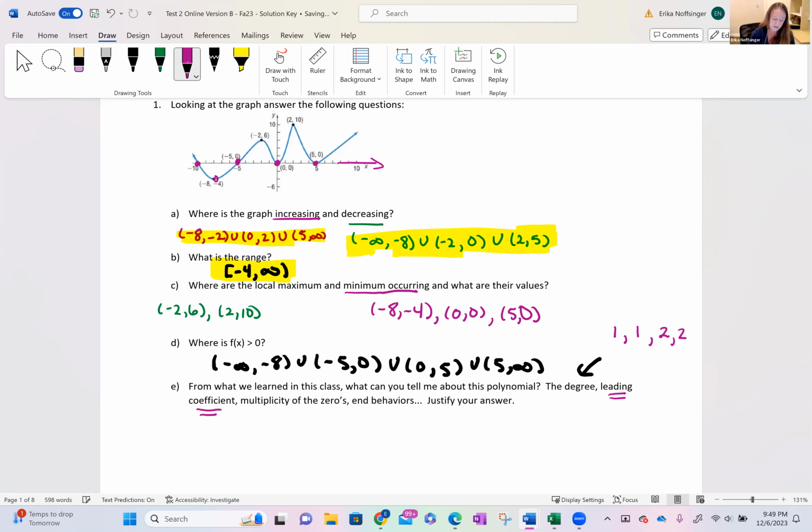So this was 1, 2, 3, 4, 5. And so maybe that formula was n plus 1. Because if I sum this, this is degree 6.